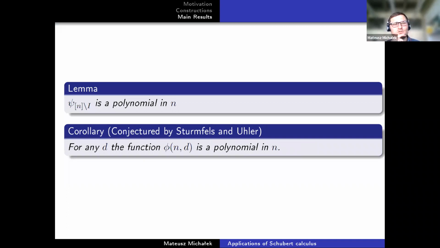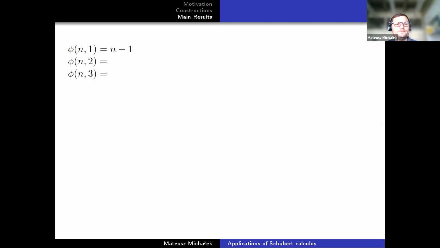So this allowed us to prove some open conjectures by Sturmfels and Uhler, for example, that this counting function, which also coincides with the ML degree function for general linear concentration models, is a polynomial in n if you fix d. So this is how those polynomials look like.